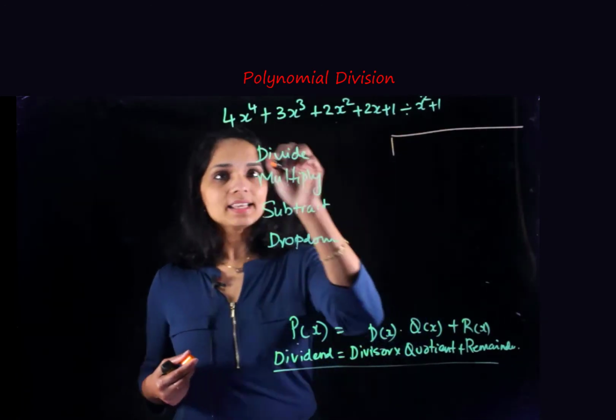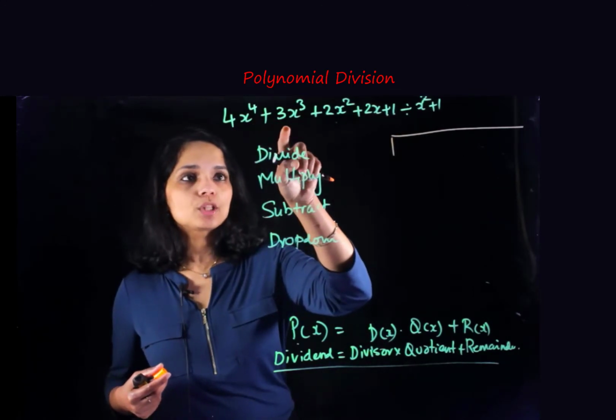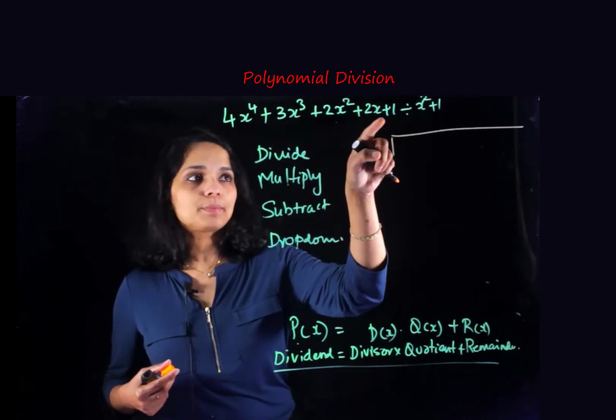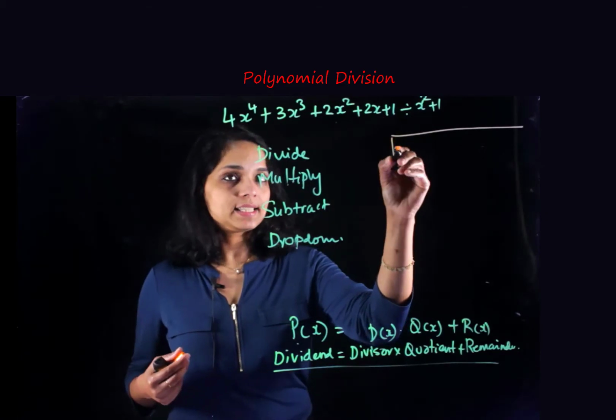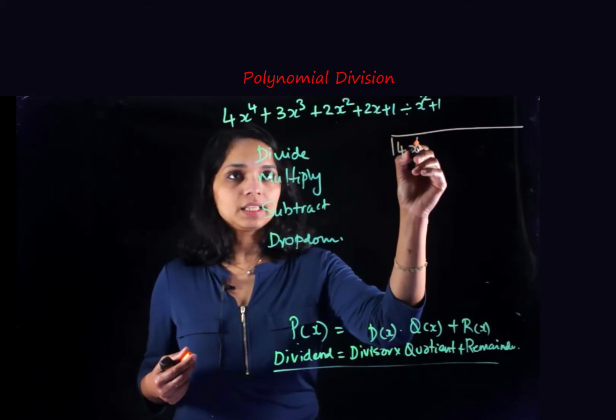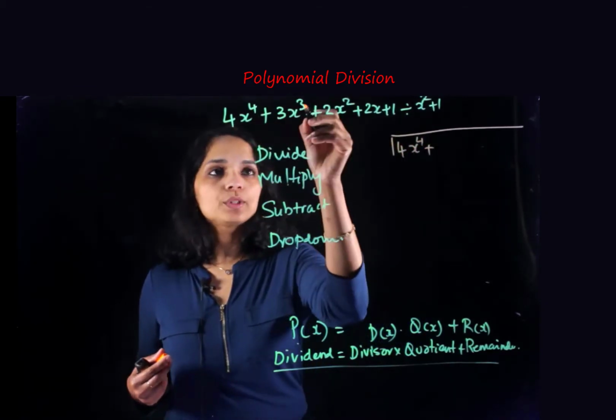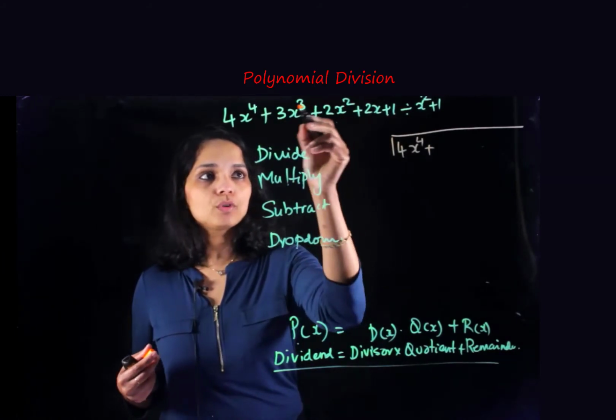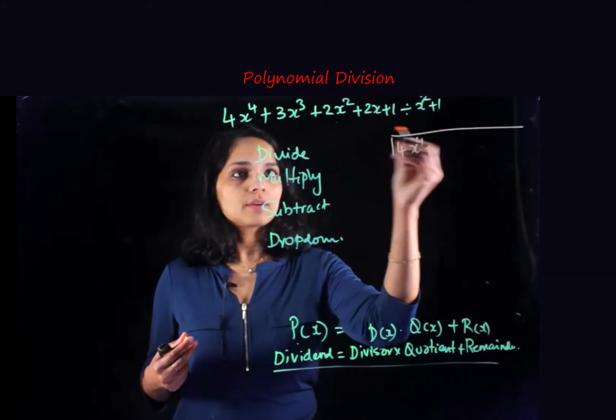In this case, I have the polynomial 4x to the power 4, plus 3x cubed plus 2x squared plus 2x plus 1 as the dividend. Let me write it down in here. Because it has all the powers, 4, 3, 2, 1, 0, I don't have to add any zeros.